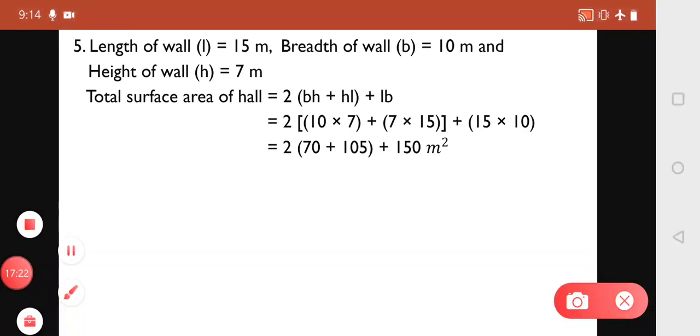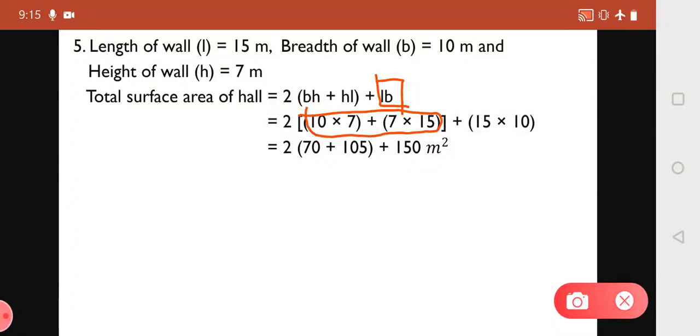Dear students, when we are solving this, don't make a mistake in multiplying 2. Length into breadth is taken one time only, the remaining two we are taking 2 times. So don't make a mistake, 2 is multiplied only with the bigger bracket. We don't have to multiply 2 by 15 into 10.